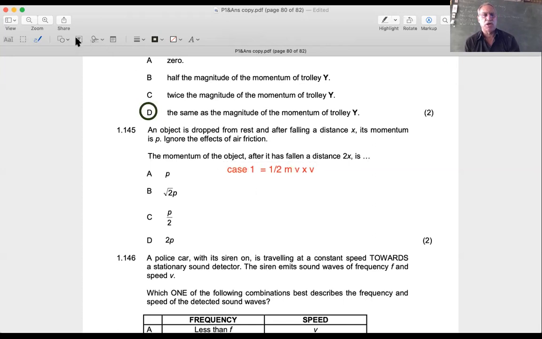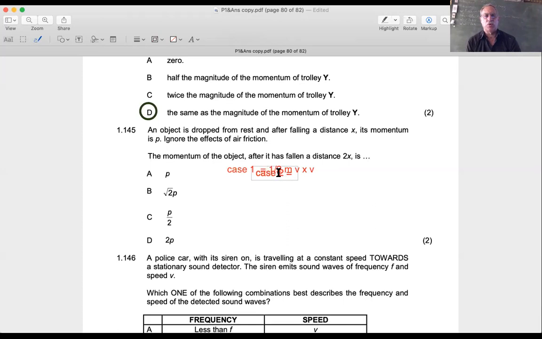Now in case 2, I'm saying it's going to have double, because the mgh is converted into kinetic energy, it's going to be double. Okay, so if the kinetic energy is doubled, it's going to be equal to 2 times the half mv squared.